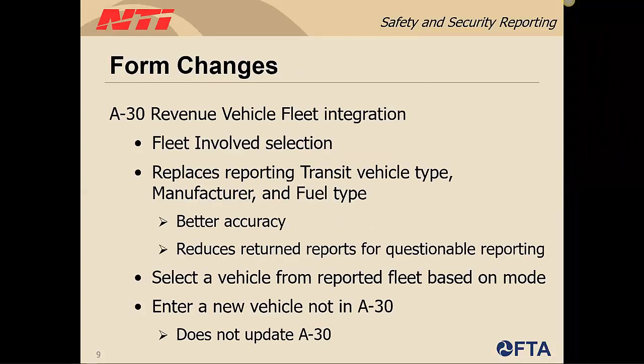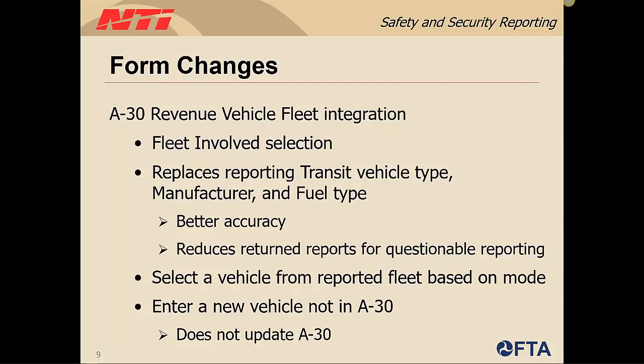So now we're going to talk about some form changes that we've had. So currently, when you report a collision or a derailment, the transit vehicle involved form, and this actually does not just refer to rail, but it also refers to rail and non-rail modes.